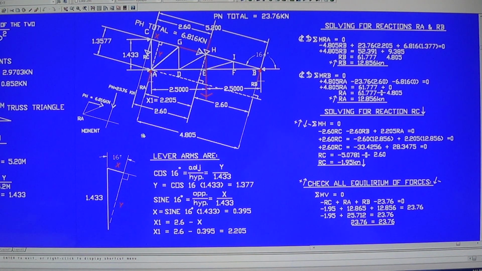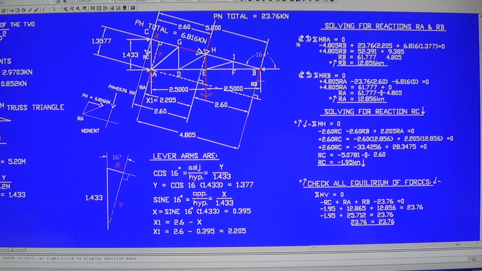Now we gotta start solving for reactions RA and RB. We gotta solve for RB first. Summation of moment at A is equal to 0. Here you can assign your own sign convention. Once you assign it, you use it all the way from the beginning up to the end. You never change it, or else you get it wrong.